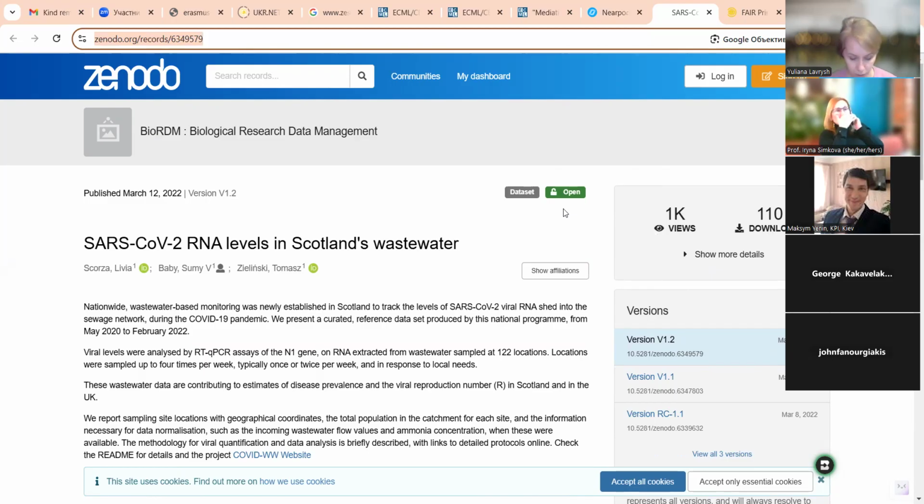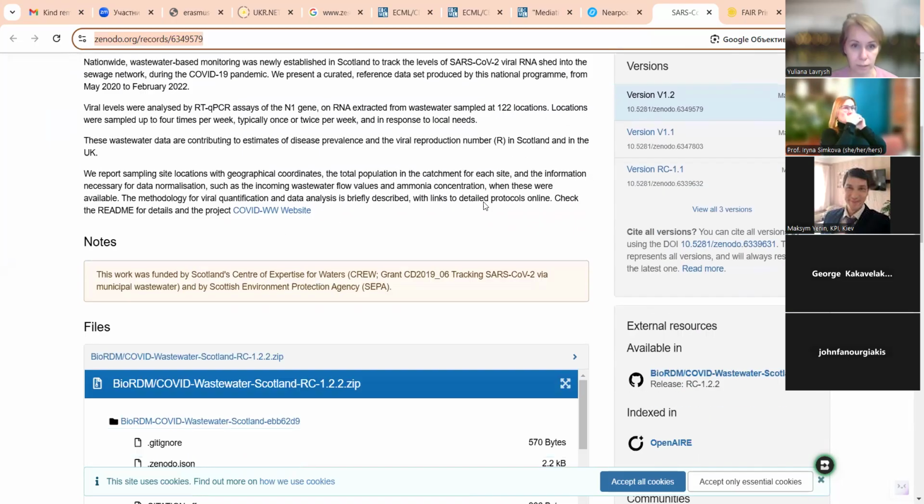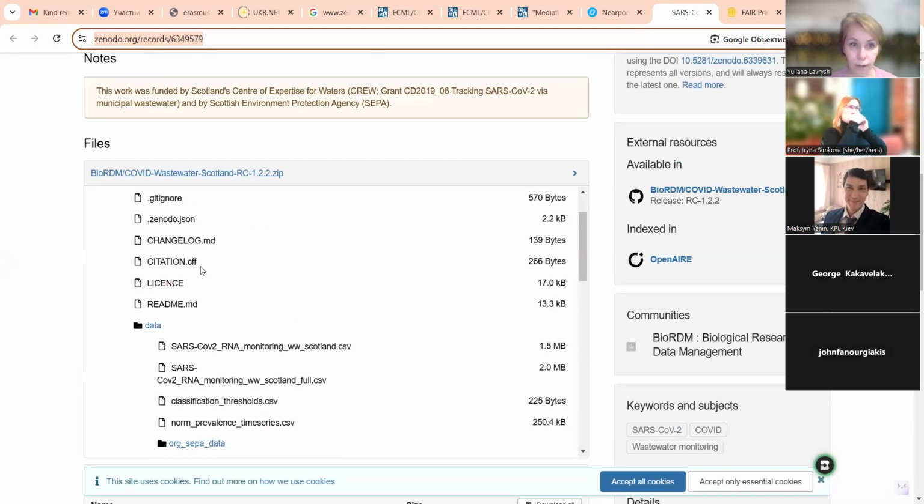Pretty logical. Next, I means interoperability. And you can see here these types of files.